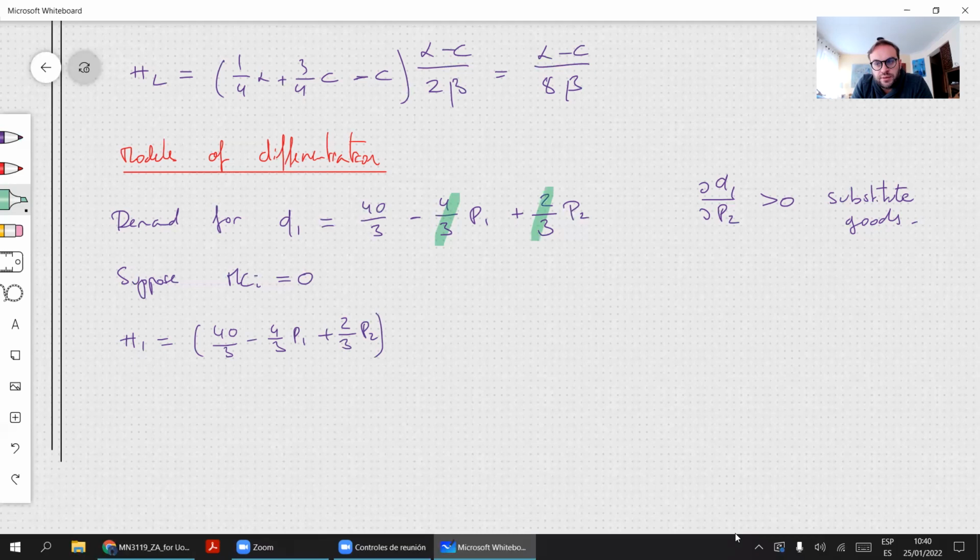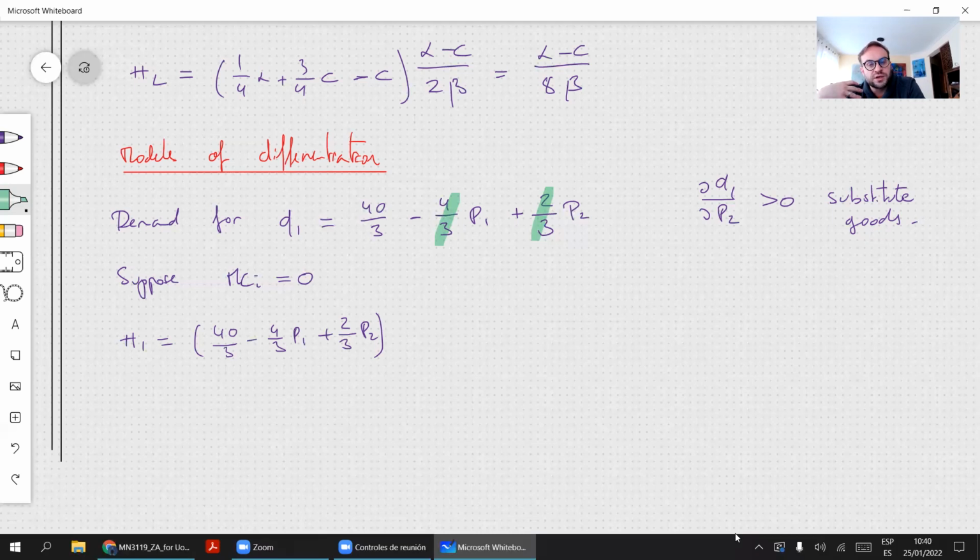This means that there are substitutes, but not perfect substitutes, and that therefore an increase of 1 unit in the price of my competitor is not going to have the same impact as a decrease of 1 unit in my own price, right? So this gives you obviously a magnitude on how easy it is to substitute things.